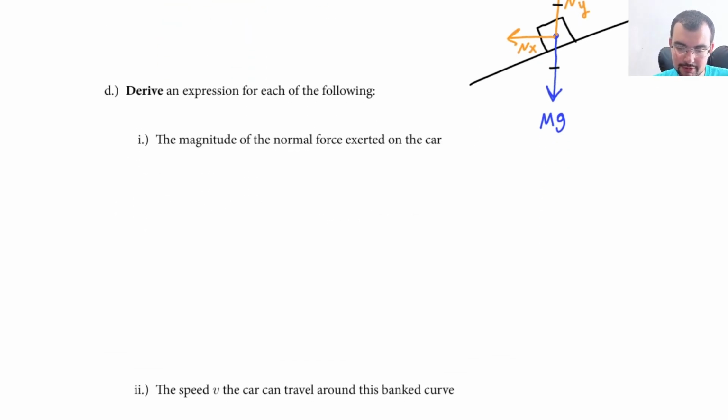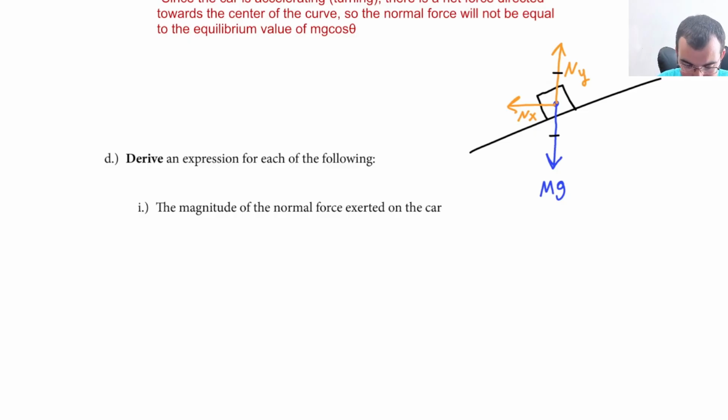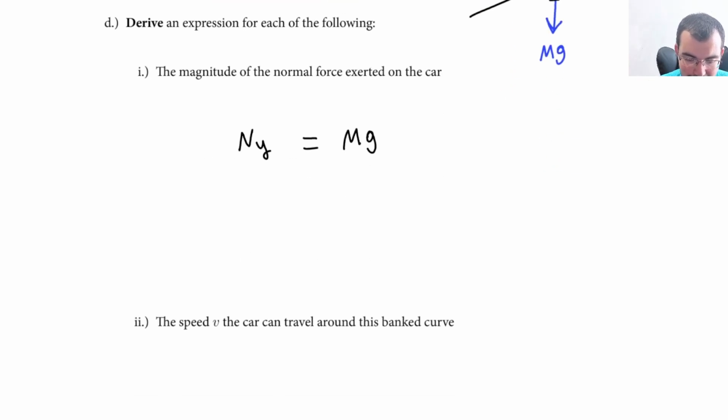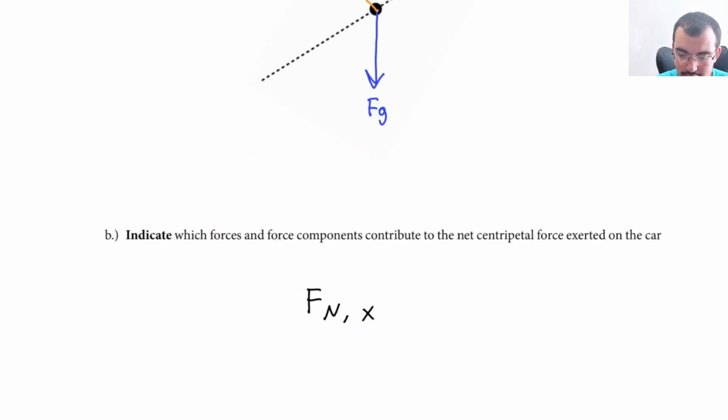So what is the normal force on the car? Well, we said that the y component of the normal force must equal mg. So we know it's going to be Fn times some trig function is equal to mg. So let's figure out what that is.